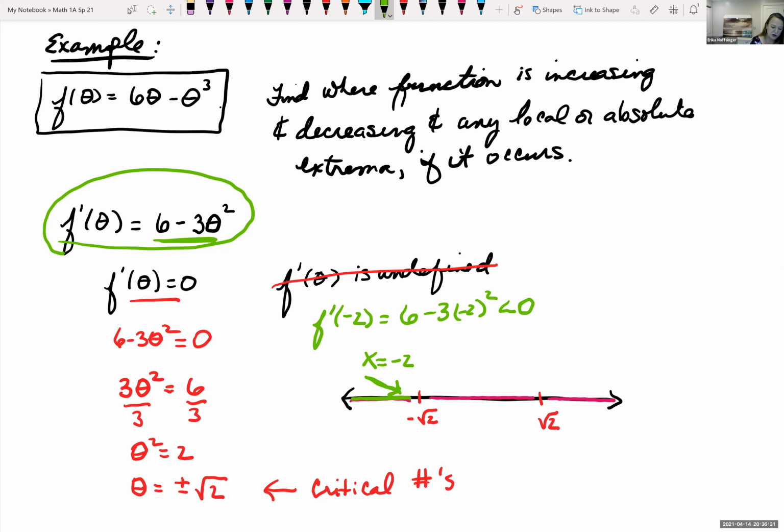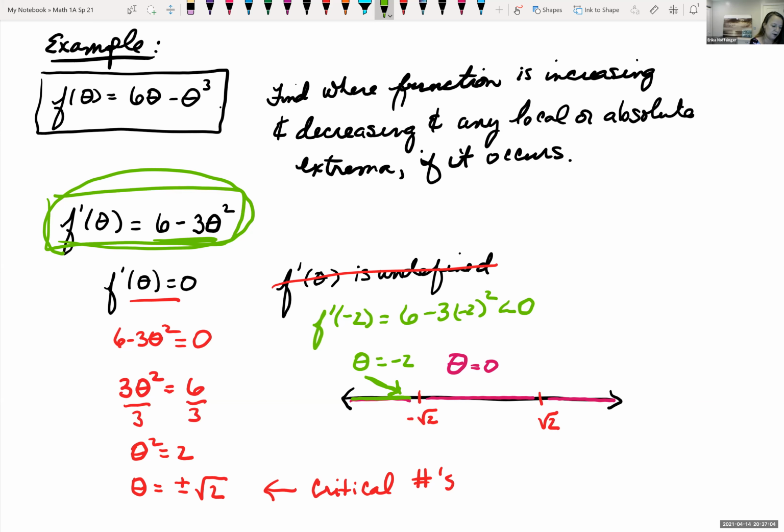Now we want to choose some number that falls in between negative root 2 and positive root 2. If 0 is in that interval, that's usually the easiest. I shouldn't be saying x really, because these are theta. We're so used to writing x all the time. So theta is 0. Again, we want to plug it into our derivative.